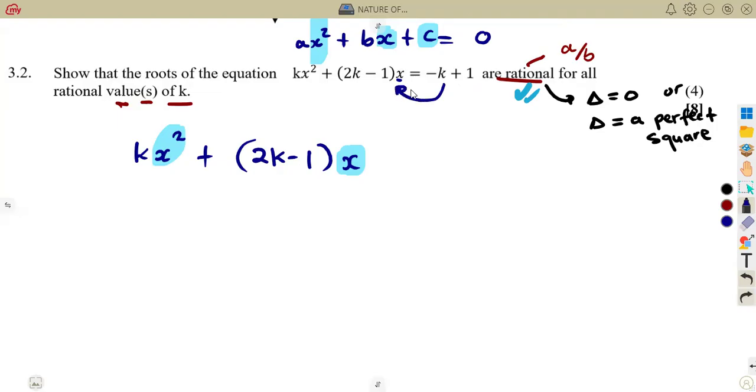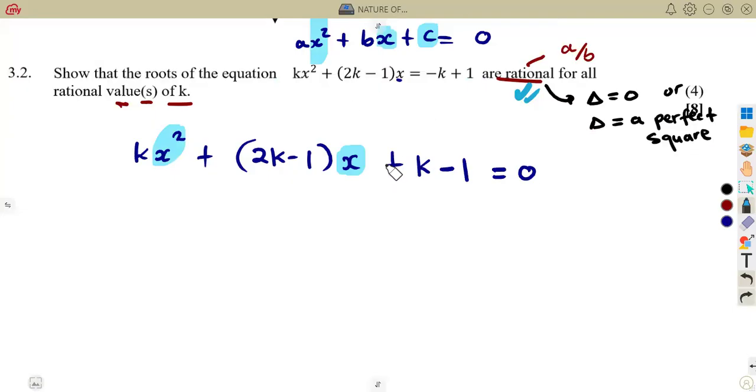So k to the other side, this minus k, once it crosses the equal sign, is going to be positive. Remember, one side must be equal to 0. The plus 1 to the other side is going to be a minus 1. That's equal to 0. So, guys, this is our constant.